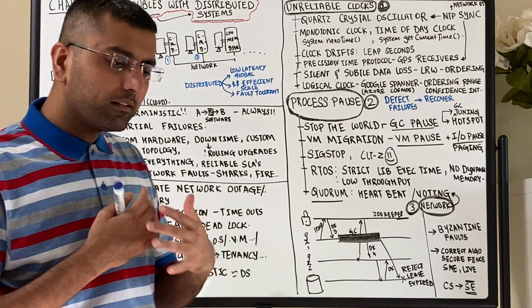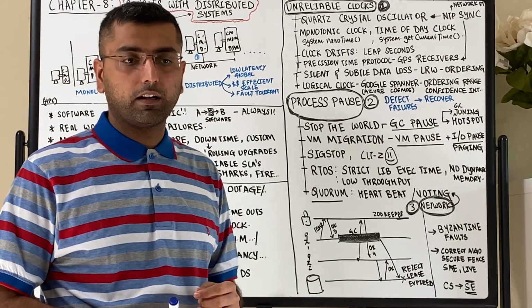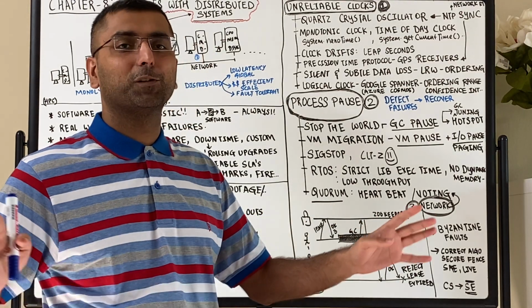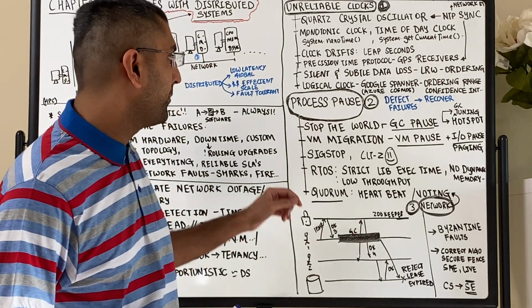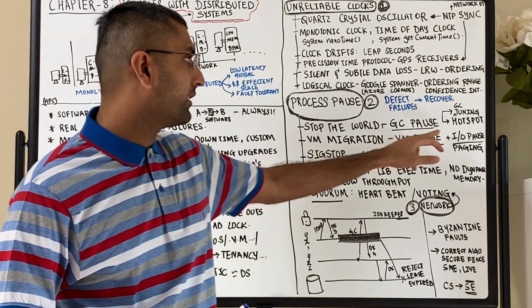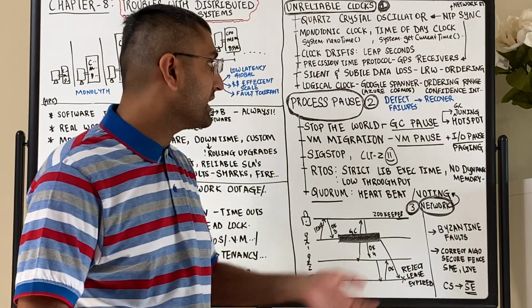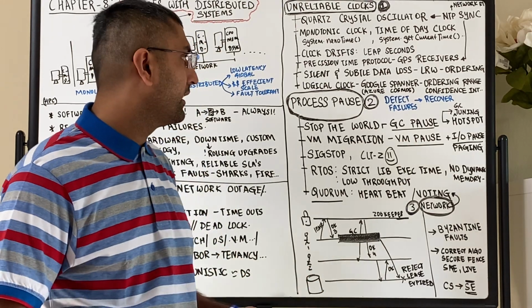Why would those pauses happen? The number one reason is garbage collection. It stops the world and collects all of those unreferenced objects. There are multiple other things, you'd have to do GC tuning, you'd have to use concurrent GC collection. HotSpot provides some of that, but it's still not 100%.